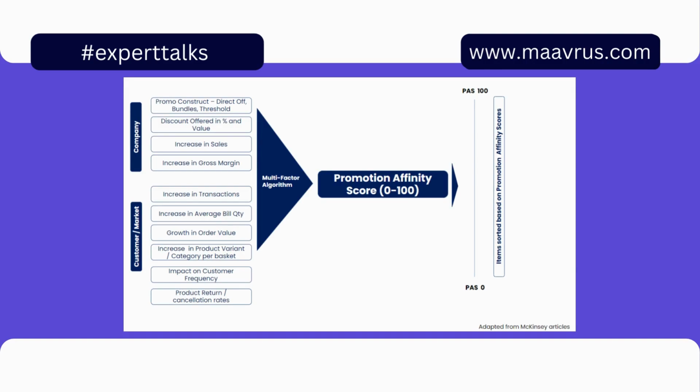From a customer perspective, inputs could be related to, has there been historical increase in transactions, average bill quantity, average bill value, category penetration, have there been a lot of product returns, etc. Right? And all those factors could then be input into a multi-factor algorithm and arrive at a promotion affinity score. And again, items could be ranked or sorted in order of 100 to 0.